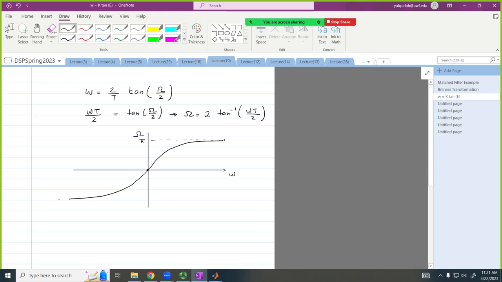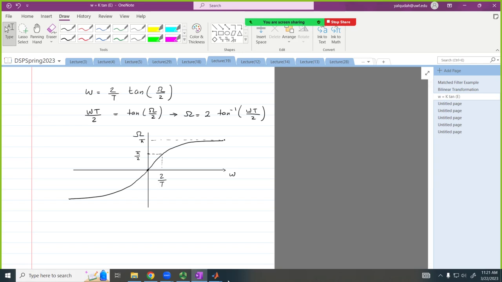So if I take a point, for instance, when omega is equal to pi over 2, this is going to correspond to W equal to 2 over T. Together? Everybody? And therefore, if I were to plot the curve of omega versus W, it's going to look something like this.